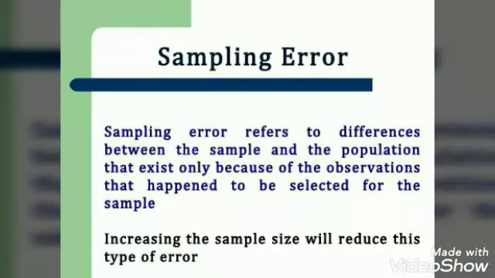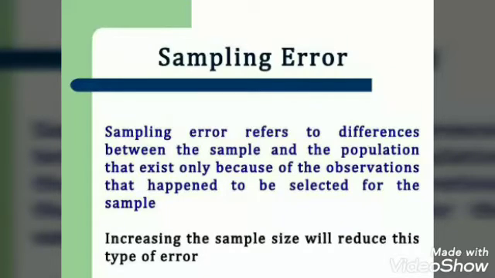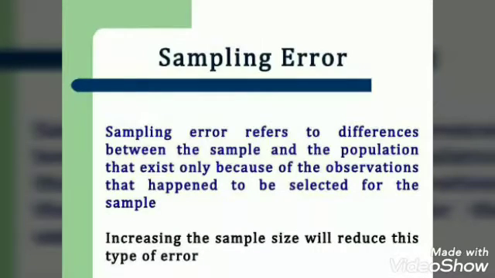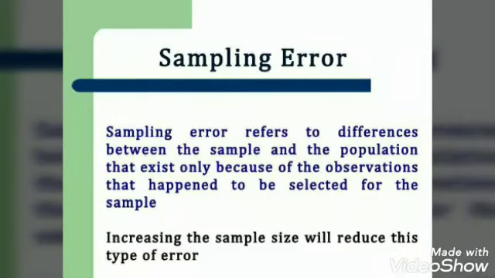Let's take an example. Let's say the estimated value of a parameter is found to be 10, while the actual or true value is 20.